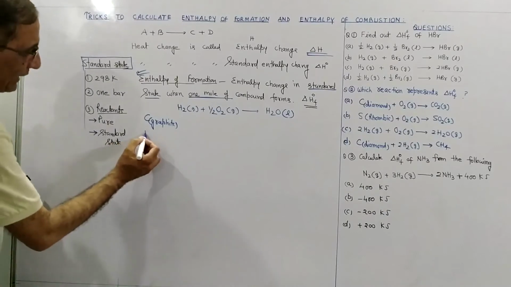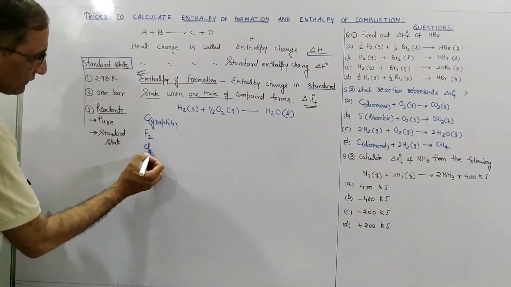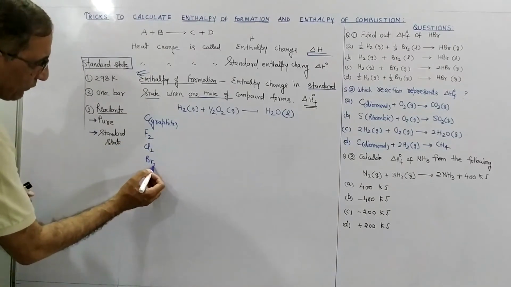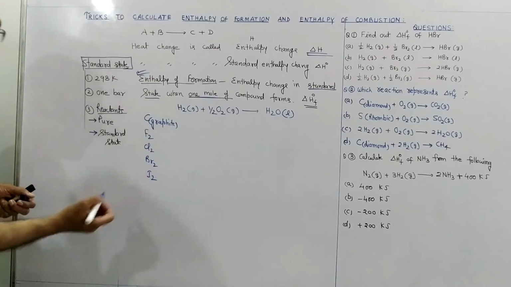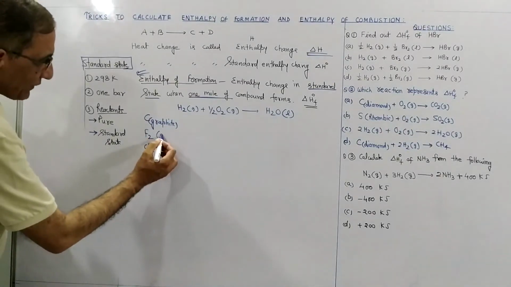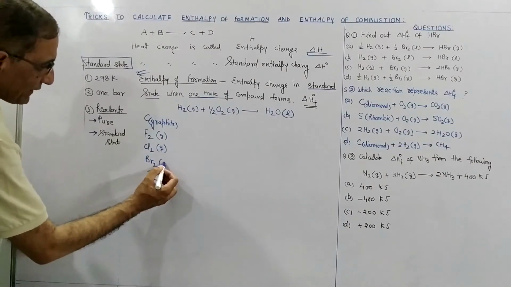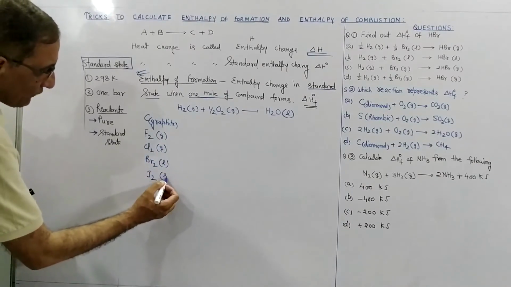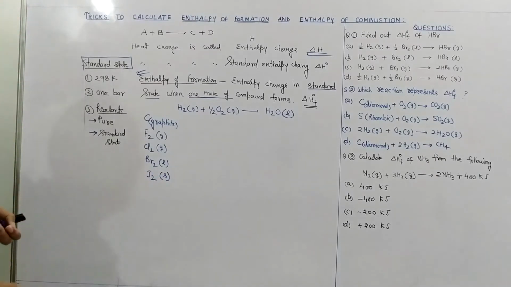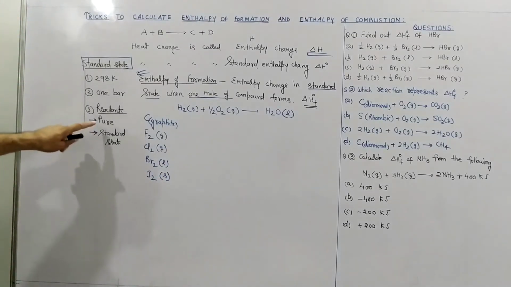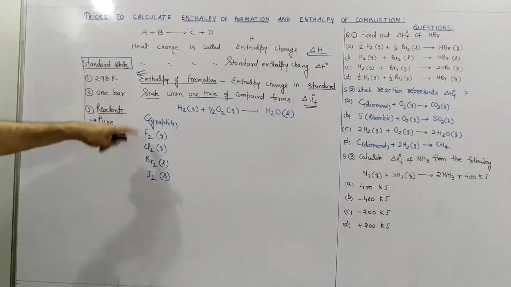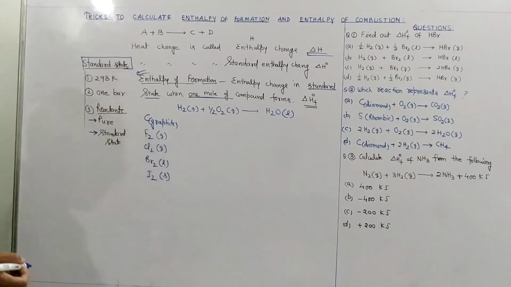If we talk about halogens, we have fluorine, chlorine, bromine, iodine. Standard state of fluorine is gaseous, Cl2 is also gaseous, but bromine is liquid. In case of iodine, you have to take solid state. These are the most pure and standard states of these halogens.